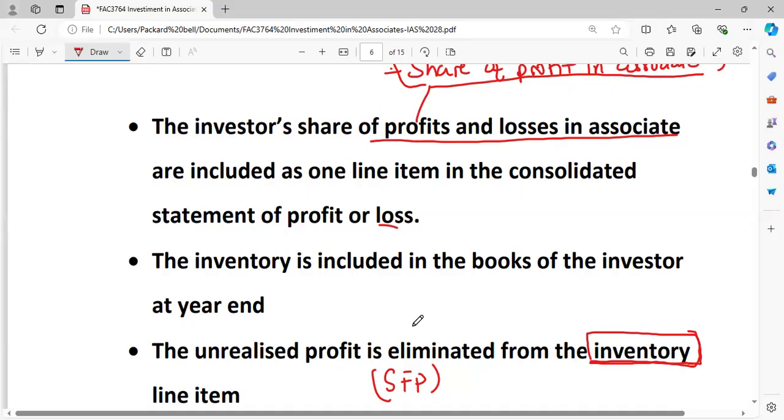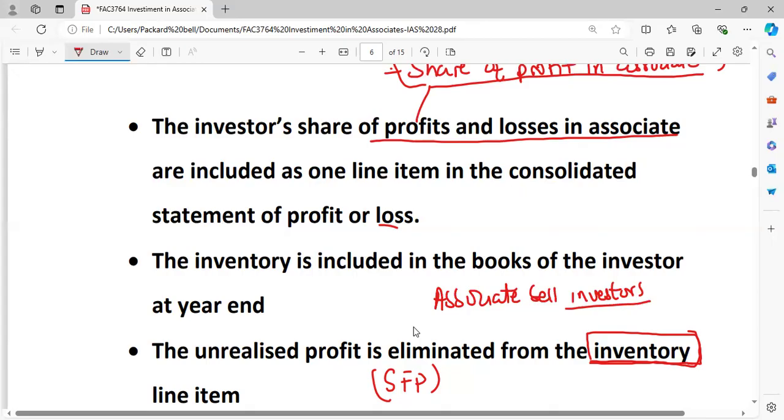Anyone who understood something from what we have been saying? What I'm asking is, if we have unrealized profit in closing inventory, and in this case, the associate sells to the investor, which means the investor is the one who is holding the inventory.